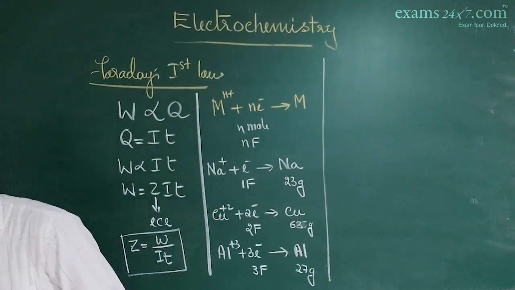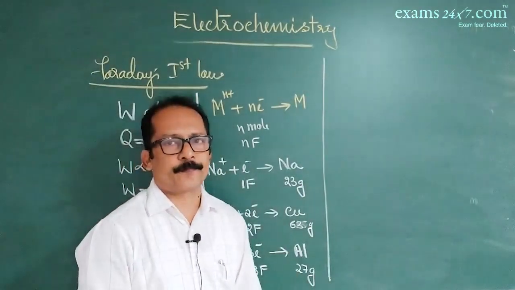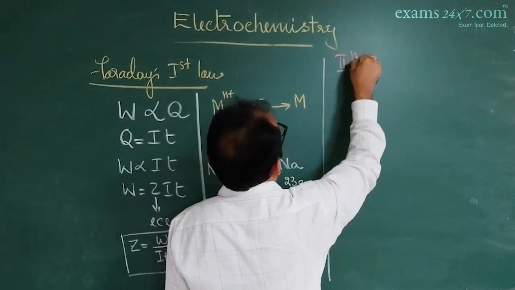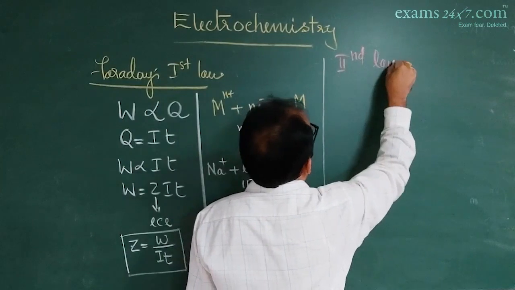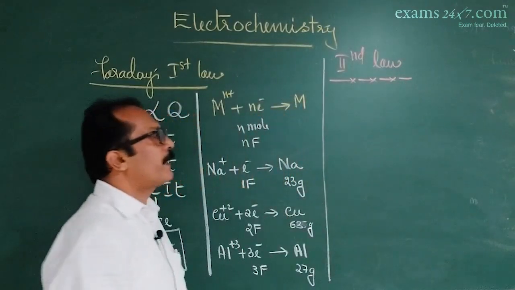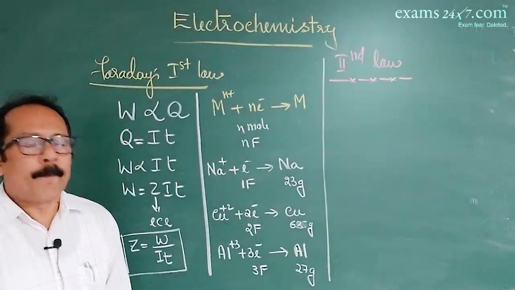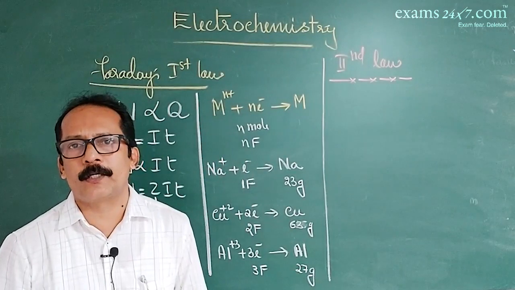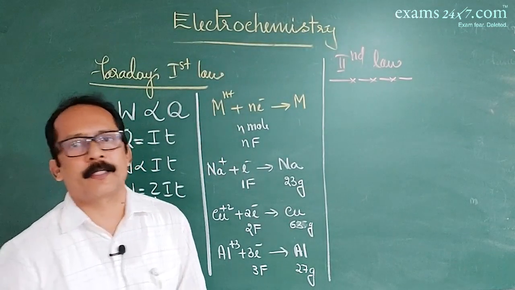Next, about Faraday's second law of electrolysis. During electrolysis, when the same amount of current is passed through different electrolytes, the mass of the compound deposited at any electrode is directly proportional to its equivalent mass.